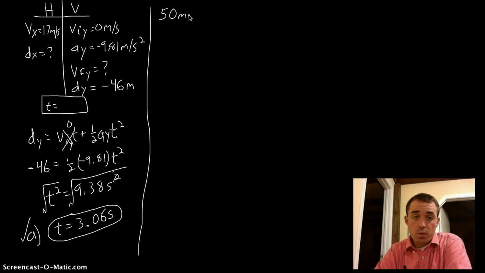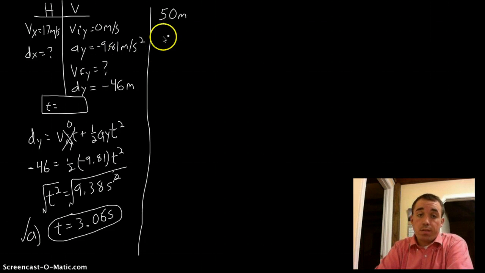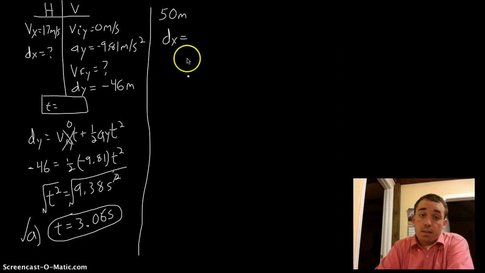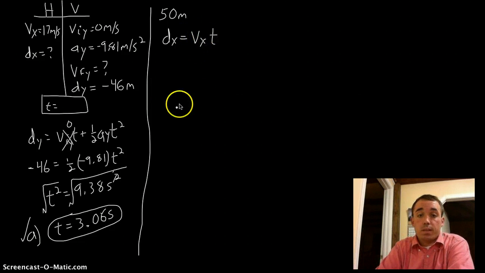To find DX, when looking at horizontal information, we only use one equation: DX equals Vx times t. We found t, and we know our Vx, so it's a simple multiplication.